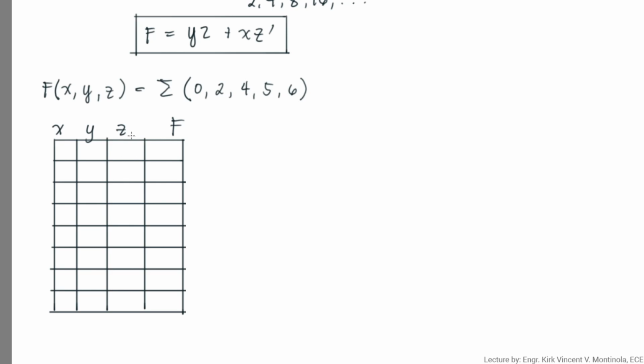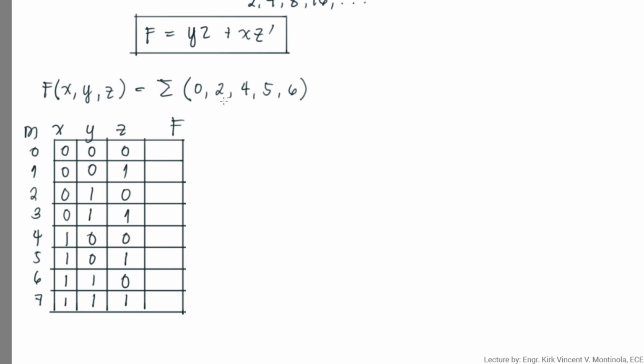Okay, so how do we write for our inputs? Alternating first 0, 1, 0, 1, then 0, 1, 0, 1. And then alternate by twos, 0, 0, 1, 1, 0, 0, 1, 1. Then alternate by fours, 0, 0, 0, 0, 1, 1, 1, 1. And then for your M or the min terms, we call this one as M0, 1, 2, 3, 4, 5, 6, 7.